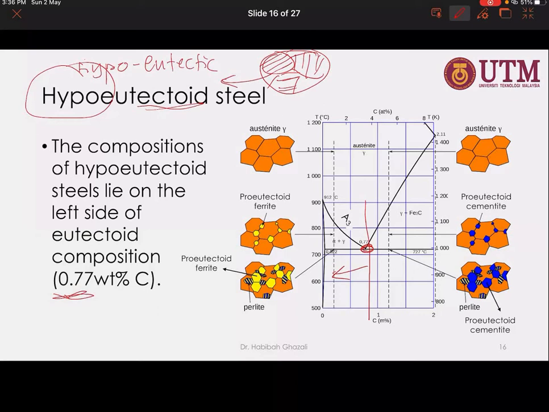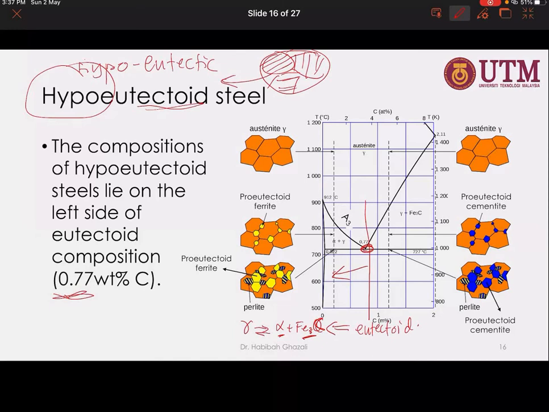So similar to that, but in this case we talk about the eutectoid reaction, wherein it involves a reaction from one solid to solids. One solid is alpha, another solid is cementite. So hypo is on the left side.